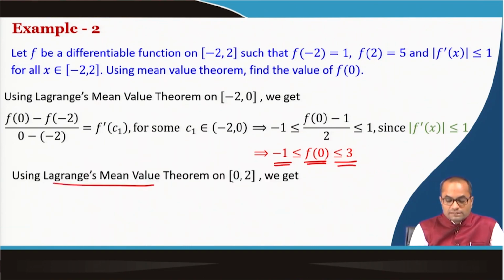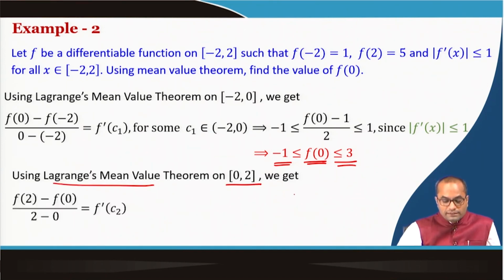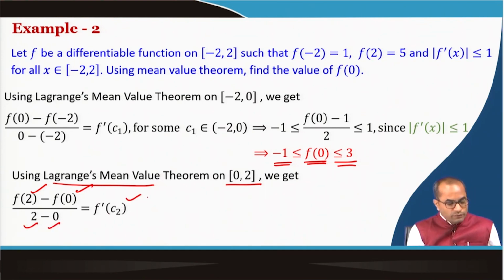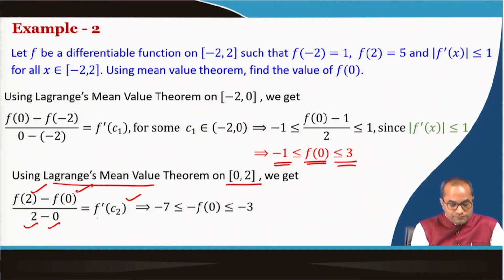Now, we apply the Lagrange mean value theorem in the other interval 0 to 2, and there we see that we have f of 2 minus f of 0, divided by 2 minus 0, is equal to f prime c2, where with a similar argument, because the derivative value is known to us, this is bounded by 1.